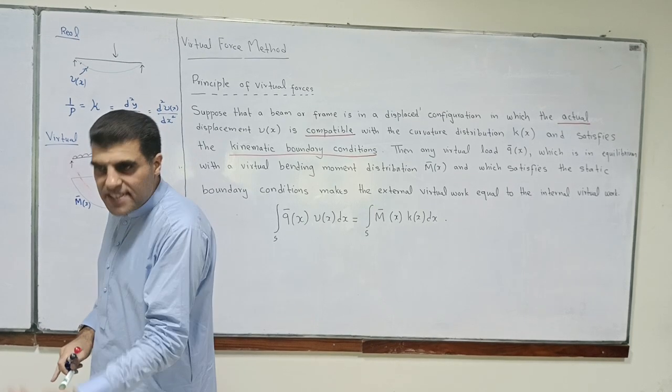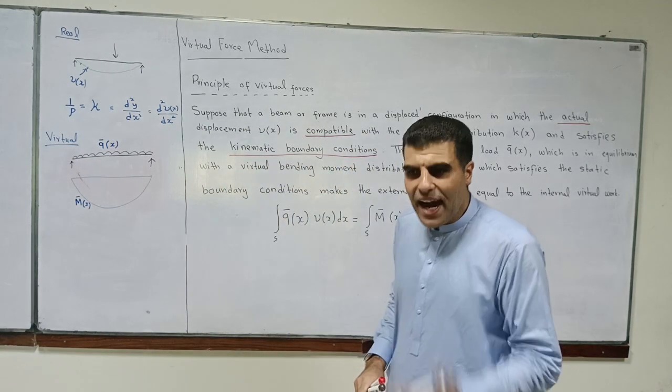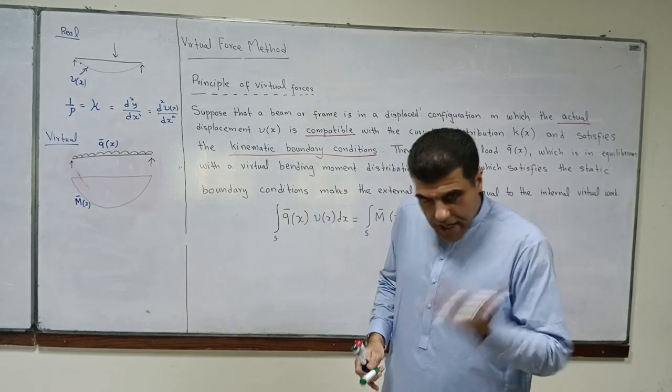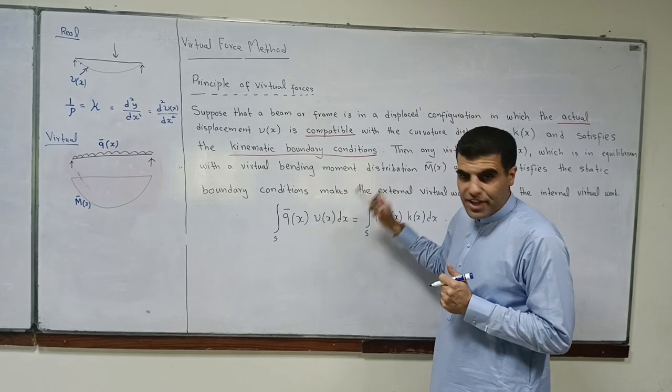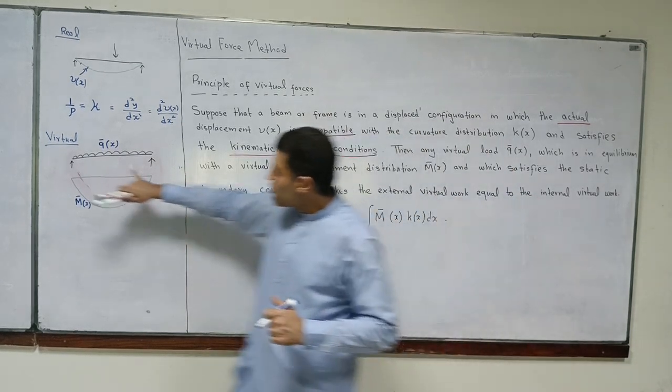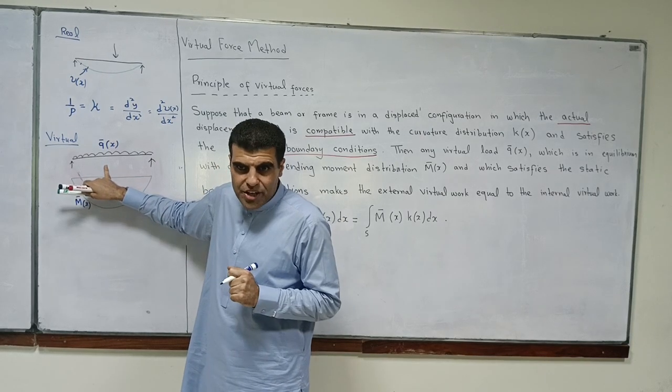At the fixed cantilever end, you should have a finite moment and a finite reaction. So that is a static boundary condition. So in the virtual system, we have to ensure that there is a static boundary condition.